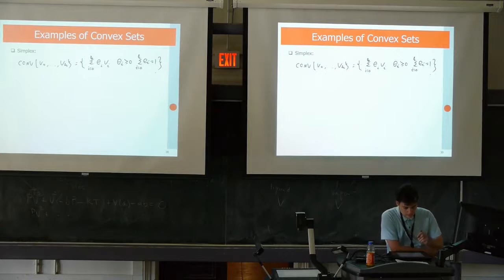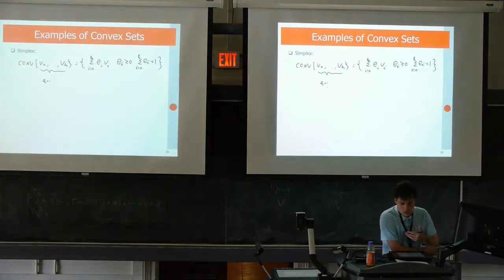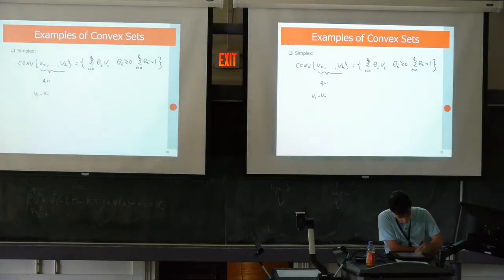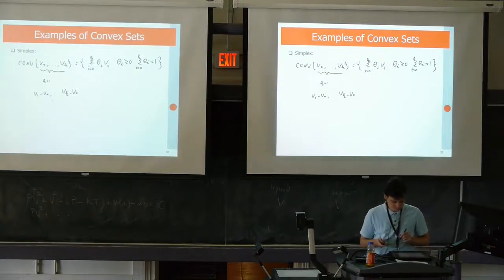And we have another constraint: these are k plus 1 vectors, right? They should be so-called affinely independent, by which we mean that v1 minus v0 up to vk minus v0, these k vectors, are linearly independent. Okay?